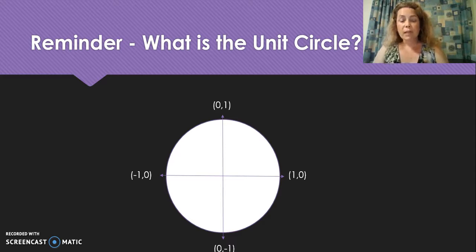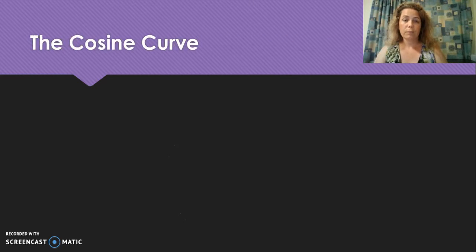We'll confirm that in just a moment when we look at our unit circle in relation to the cosine curve. Okay, so we have two curves, the sine curve and the cosine curve. And we're going to begin by looking at the cosine curve first.